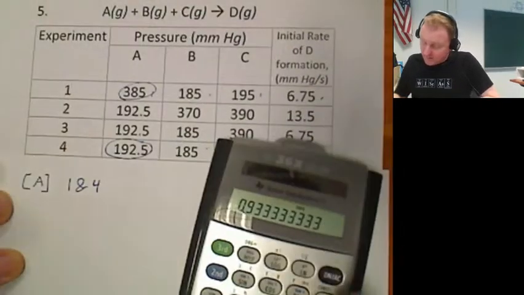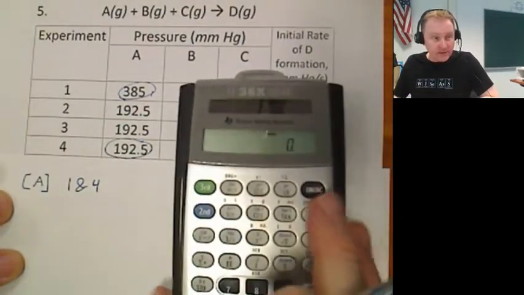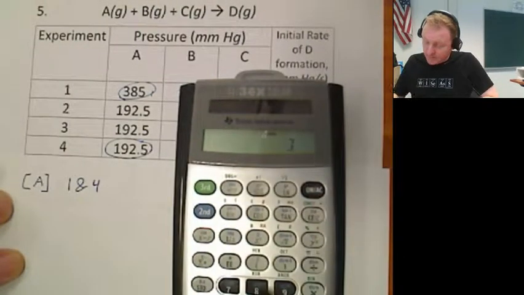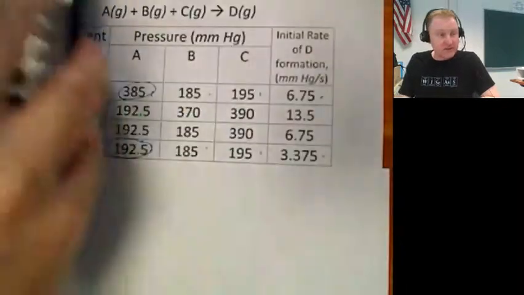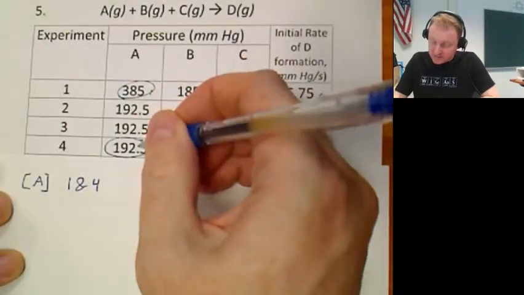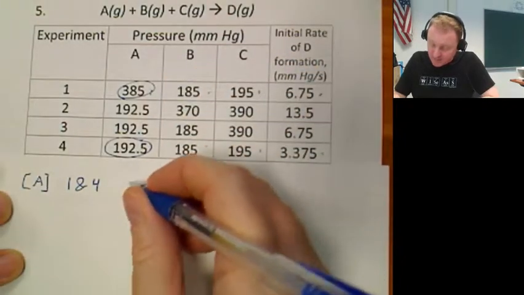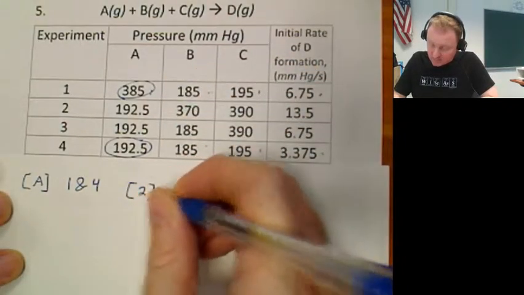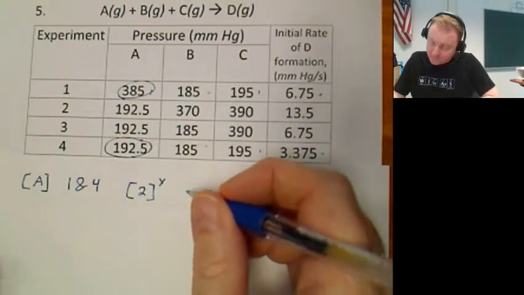And what happened here between 1 and 4? 385 divided by 192.5. The concentration doubled between 1 and 4, so it's raised to some power.